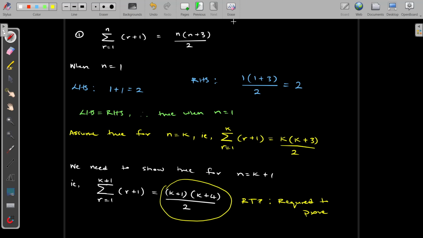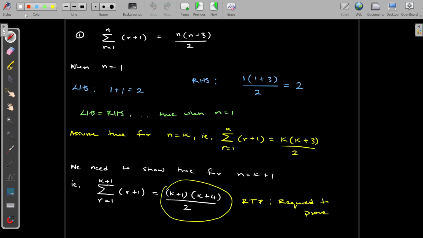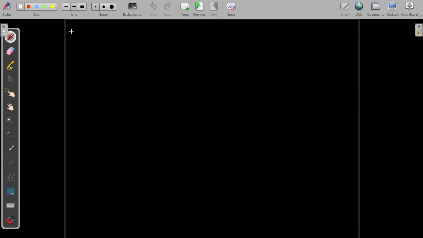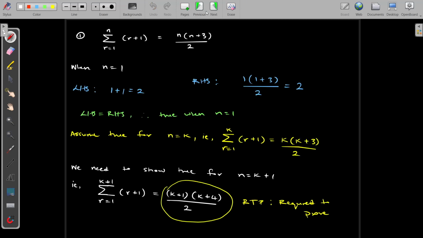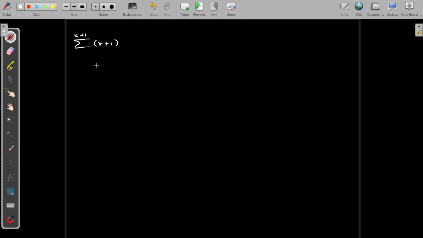Alright, so next page. So remember, this term here is up to our k term. So to get the sum up to k plus 1 for r plus 1, that's going to be the sum up to the k term when r is equal to 1 plus the k plus 1 term.